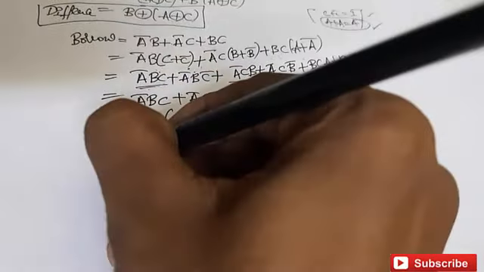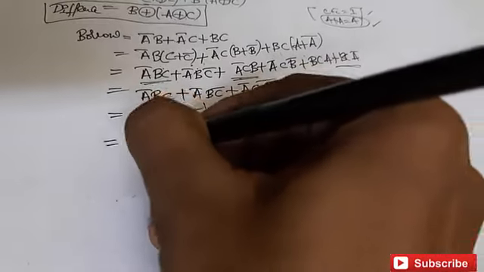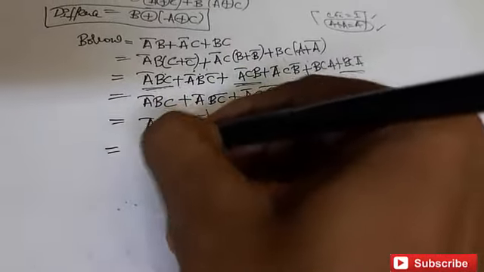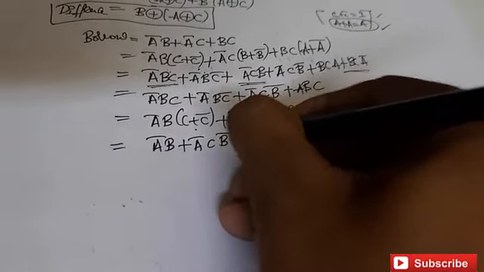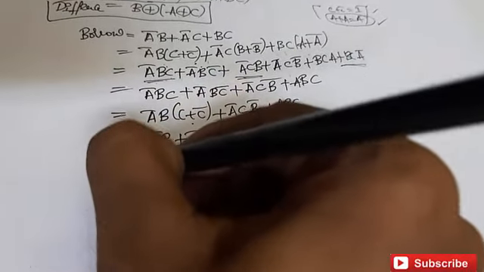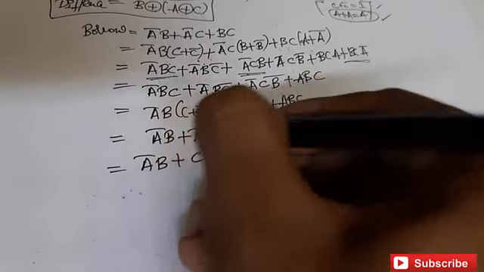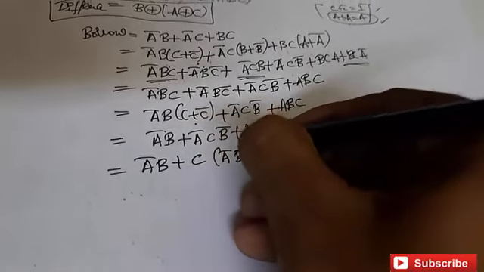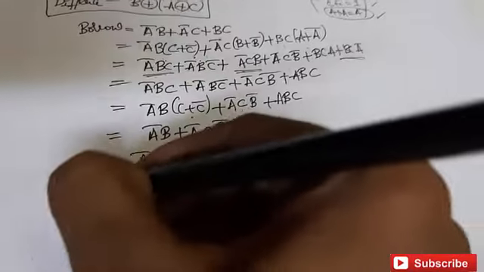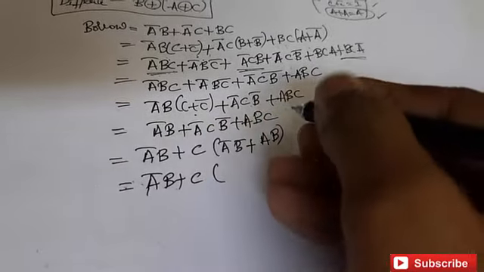Here A bar B, C plus C bar is equal to 1, plus A bar C B bar plus A B C. Here A bar B plus, if you take C common, you will get A bar B bar plus A B. This will be A bar B plus C.